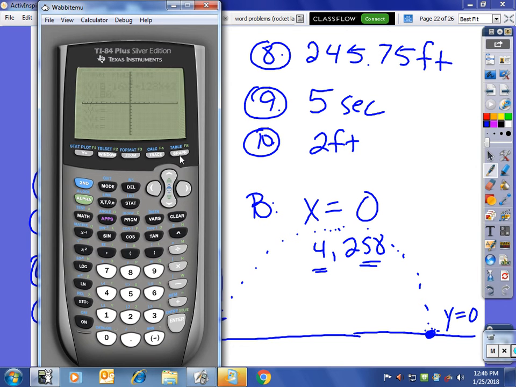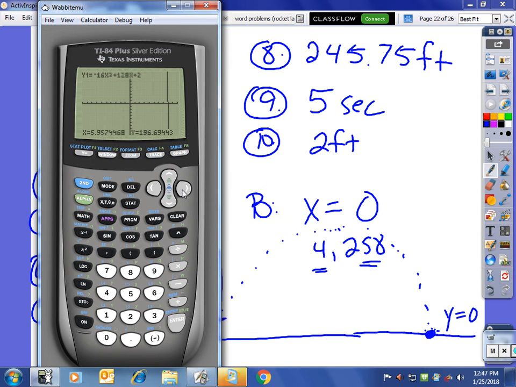Do I need to adjust my window here? Actually, I can see where it's landing right here. I'm looking for this positive root right here. So I put in y equals 0, and I'm going to see where they intersect. First curve, second curve, guess. Oh, wrong one. I'm on the negative root, aren't I? Let me trace over to the side.